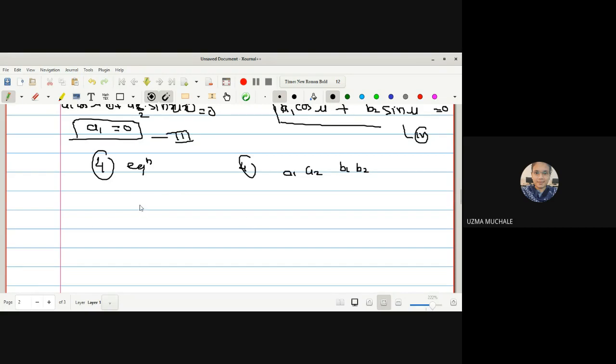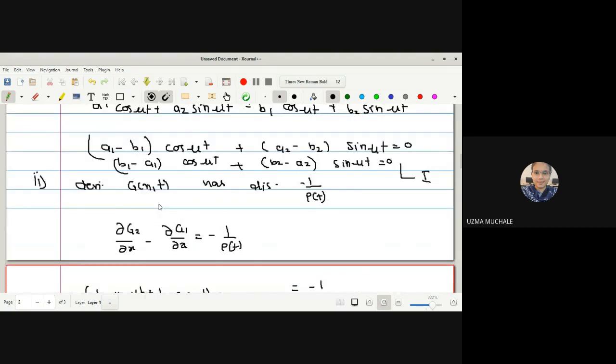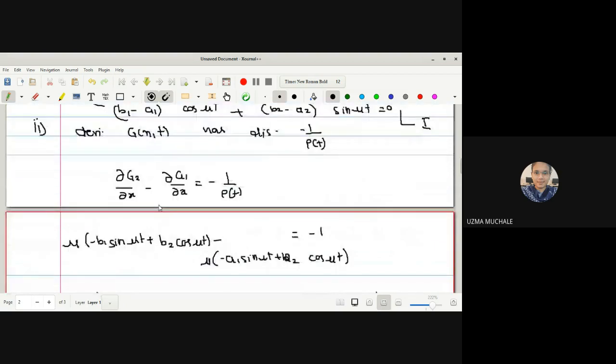Okay, so here we can write equations 1 and 2. The equations we have obtained are: (b1 minus a1) cos mu t, (b2 minus a2) sin mu t.